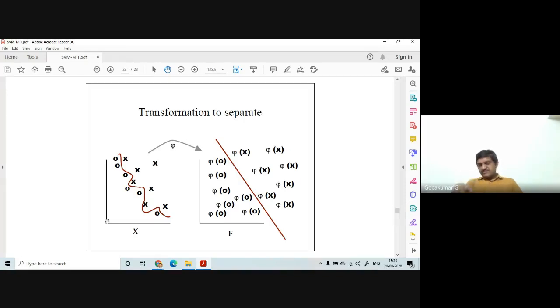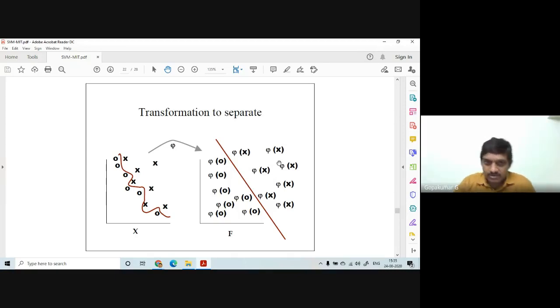But how SVM does it is that it maps the given set of points on the left side using a function, say psi or phi, whatever it is, into a higher dimension space, so that all the zero points come below the separation line, which we call a linear hyperplane in that transformed dimension, and all the x points are on the other side.